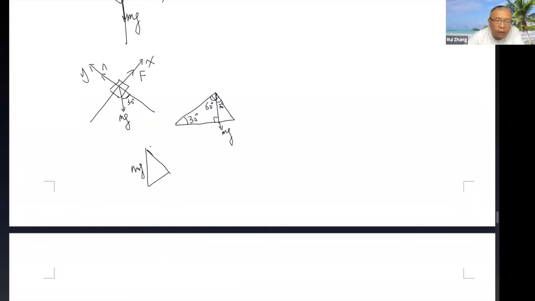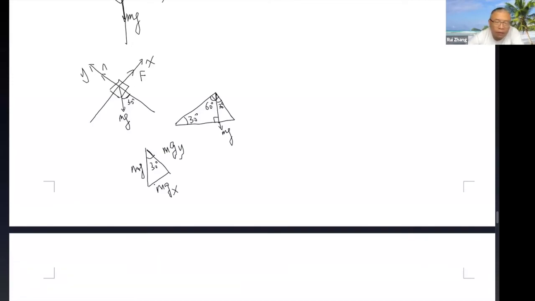Now this component here is going to be our x component because it's going in this direction, so I'll call it mgx. This component here is going to be mgy, and this angle here is 30 degrees. So that's how we draw it.